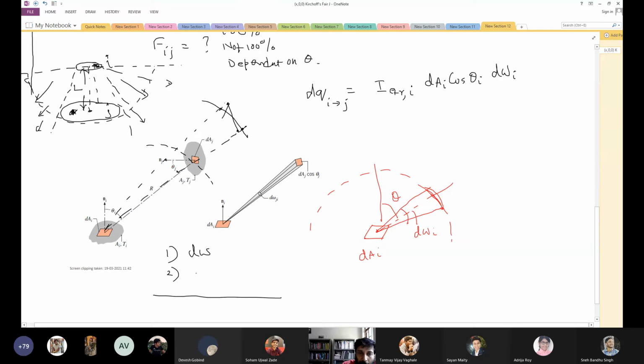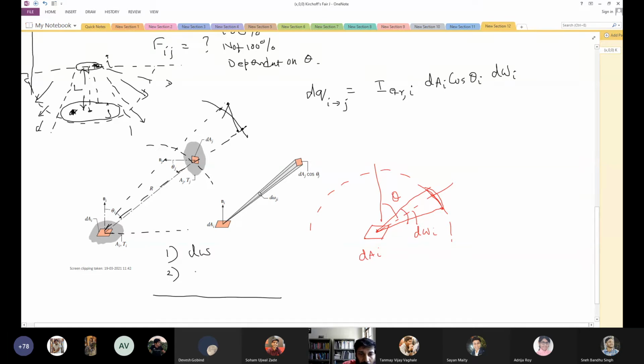The second one is the area of this surface. But the area of this surface is not something that will increase your observed energy, because if you are here, you will observe nothing even though you increase the area. So we said area is not what matters. What matters is the projection of this area in the direction of the observer.